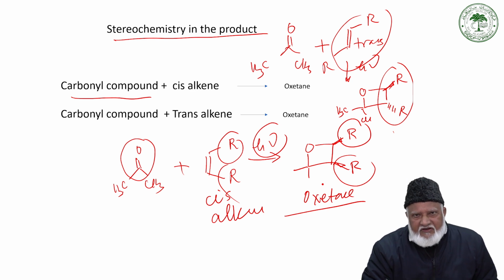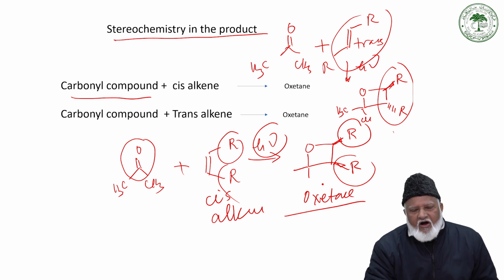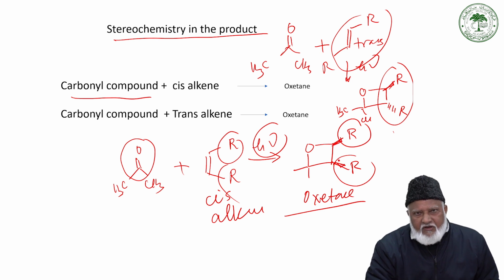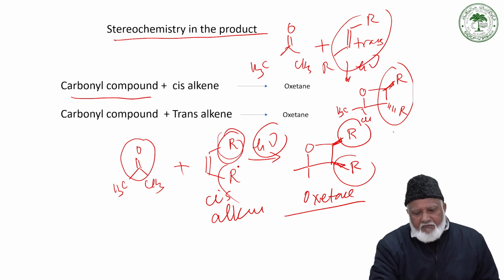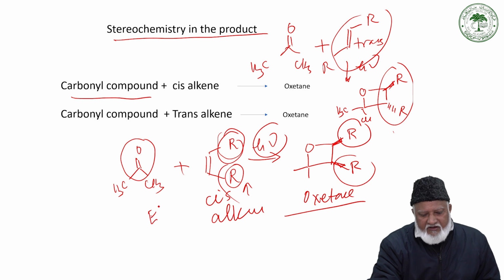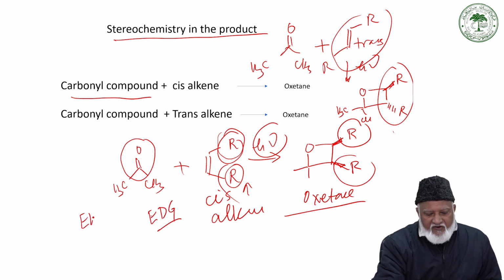Before discussing this, the retention or inversion of stereochemistry in the product oxetane formation depends upon what type of substituent R is, whether it is an electron donating group or an electron withdrawing group.